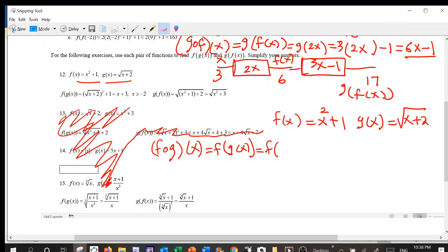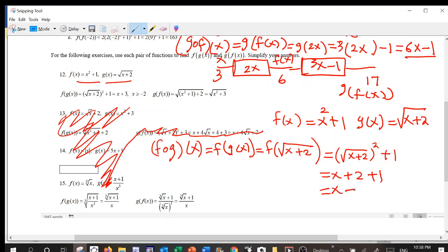So g of x is the square root of x plus 2. And f of x is x squared plus 1. So f of x is something squared plus 1. And that something has to be square root of x plus 2. So that's x plus 2 plus 1, which is x plus 3. So that is our f compose g.